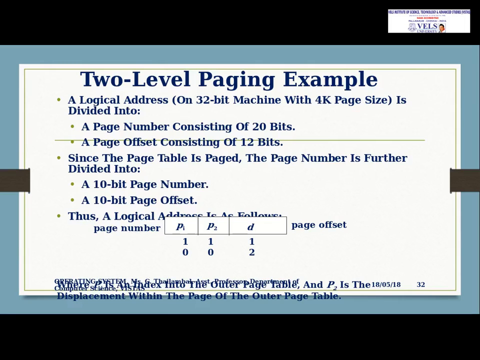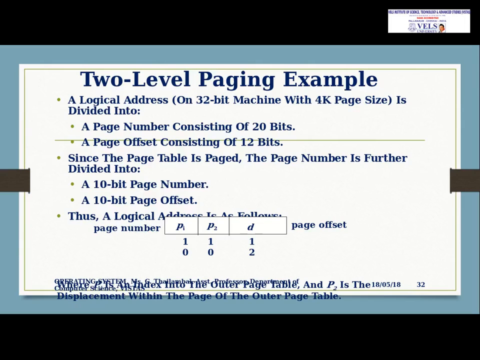We will take an example. In the School of Computing Sciences, you have the Department of Computer Science, Department of BCA and Department of MCA. So School of Computing Sciences is the first level of page table, and the 3 values, Department of BSc, BCA and MCA, are the second level of page table. So many schools are available in our university.